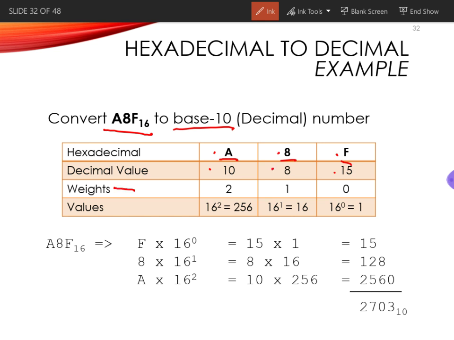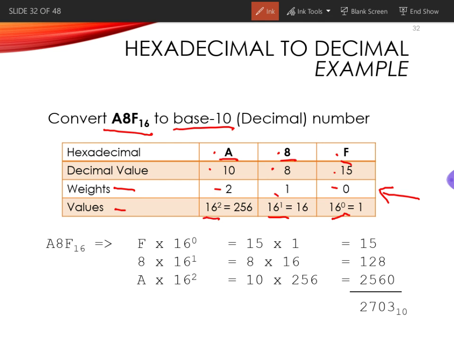The weights or the position numbers are 0, 1, and 2. We start at the right, and we increase to the left. And the values for each of these positions is going to be 16 to the power 0, which is 1, 16 to the power 1 is 16, 16 to the power 2 is 256.